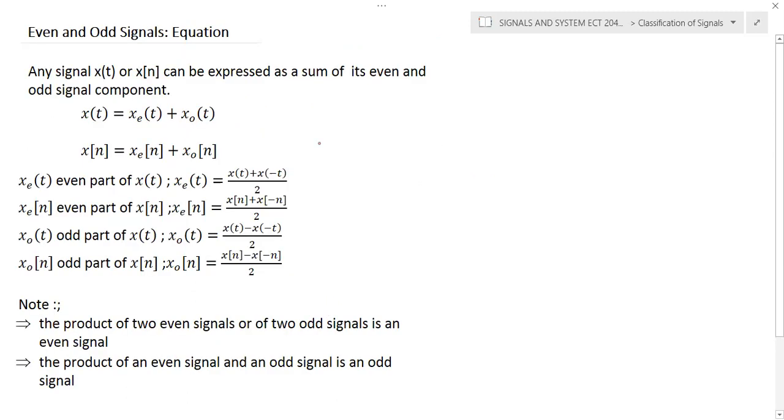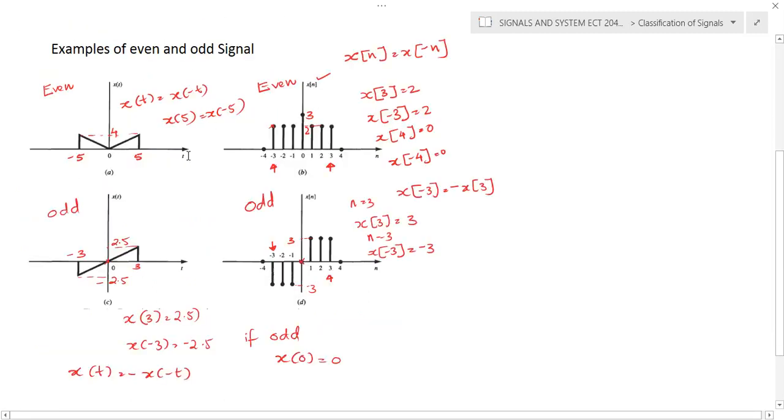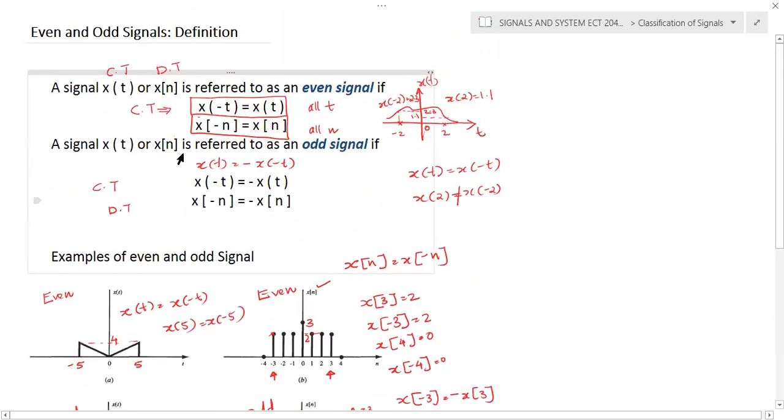Sorry, before going to the example, we need some equations for problem solving. This is another point we need to note down: any signal x of t or x of n can be expressed as a sum of its even and odd signal components. Previously we considered one signal x of t here.